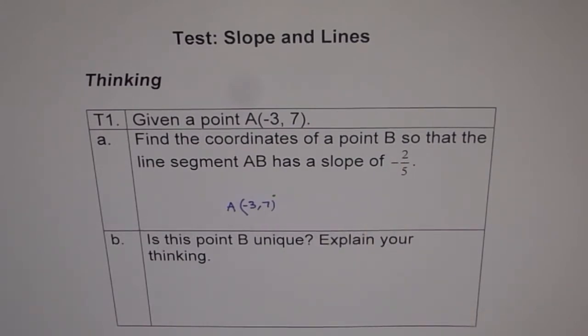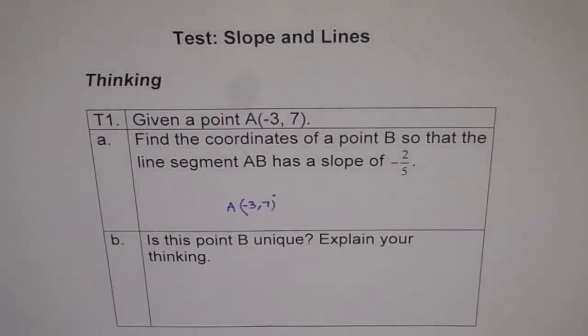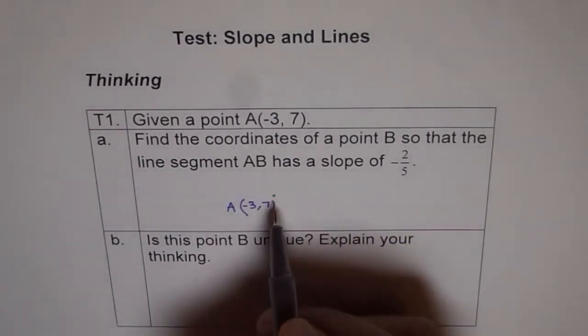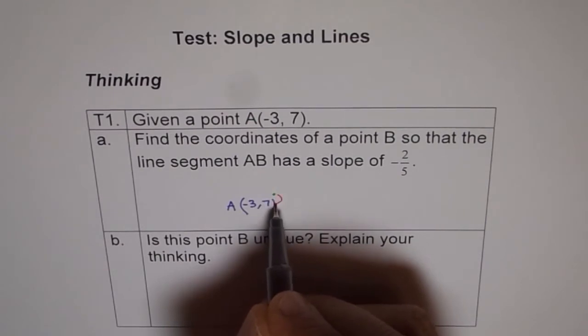Now -2/5 means that from here we can go 2 units down. Let's say if I had put it on a graph paper, which I'm not doing for the moment. So -2 means going 2 steps down, 1 and 2.